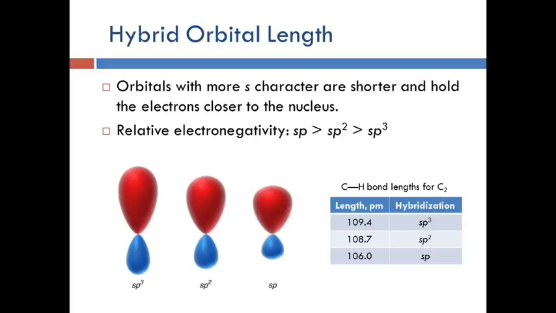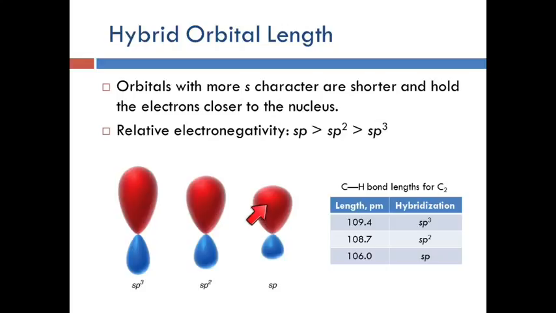How does this affect acidity? Well, orbitals that have more s character are going to be shorter, and they're going to hold the electrons closer to the nucleus. The s orbital is round, spherical, and the p orbitals are long and skinny. So here we've got 50-50 s and p. It's going to have more of an s shape than the other 2 hybrid orbitals.